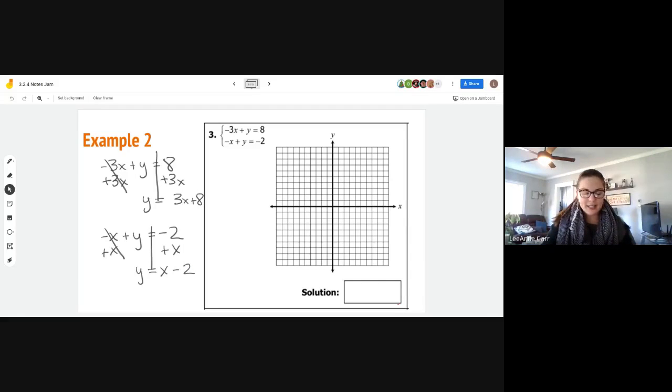But our next thing is that we need to pick out the slope and the y-intercept to try and graph these. So Finn, can you turn on your mic and tell me what the slope and the y-intercept is of that first graph? Hello?